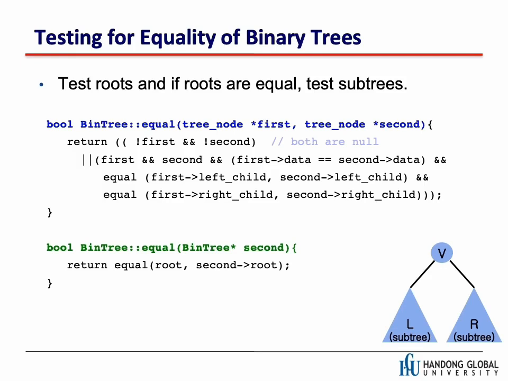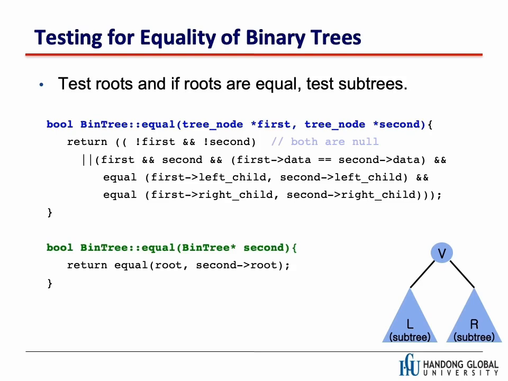In this blue function, we first check if both are null. If first is null and second is null, then they are equivalent, and we return true. Or if first is not null and second is not null, and they are pointing to something, then we check the root nodes of the subtrees.